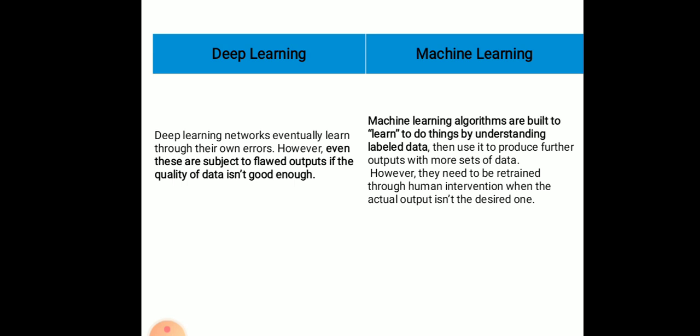In the second case, we can say that deep learning networks eventually learn through their own errors. We all know that we humans learn through different errors that we make in different tasks, right? So we call it deep learning. Deep learning basically means going deep into any particular field. Say you are learning computer science and you go very deep into a particular subject, suppose machine learning, then your understanding of machine learning will be better, right?